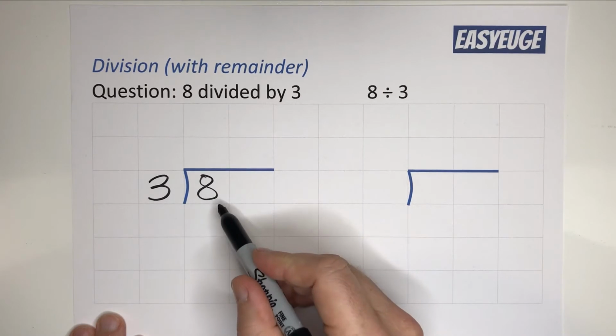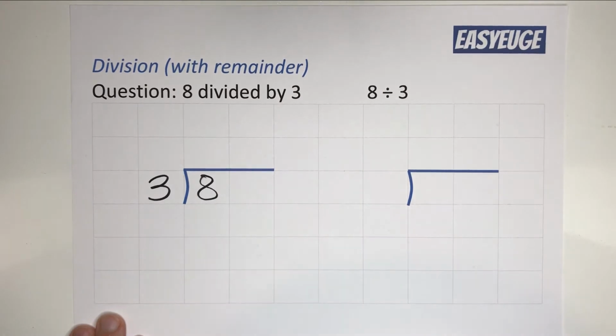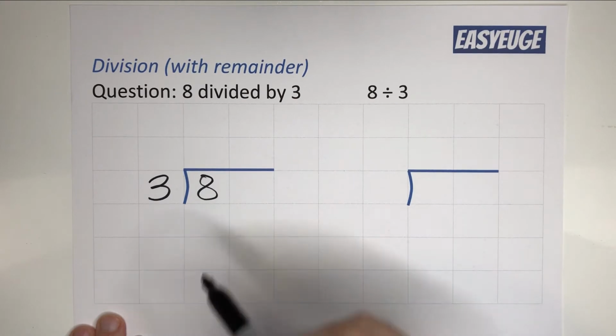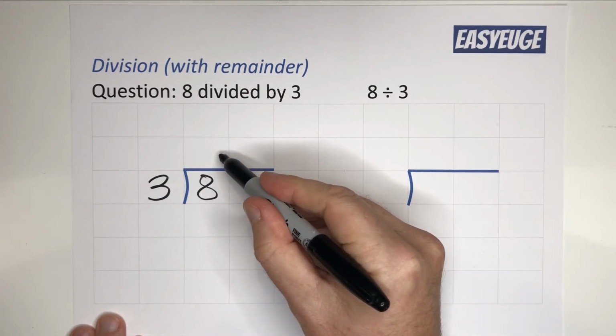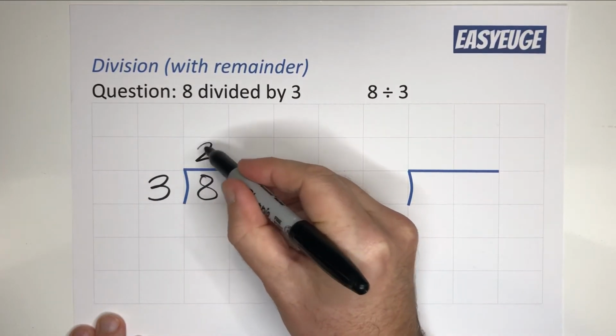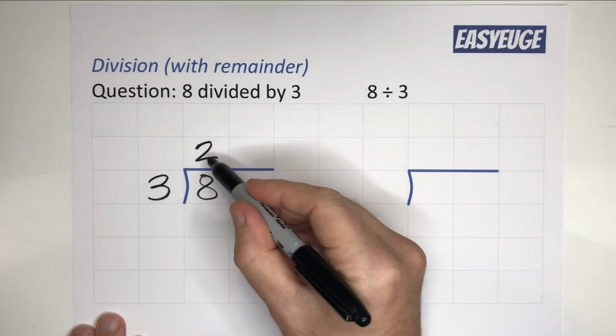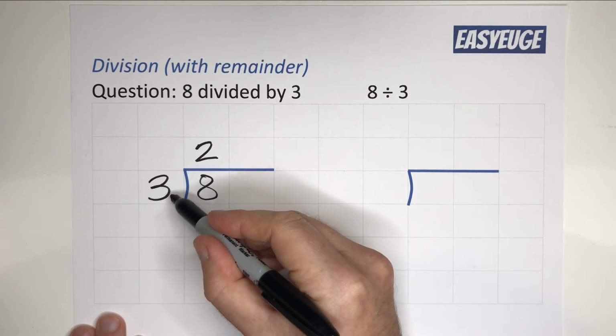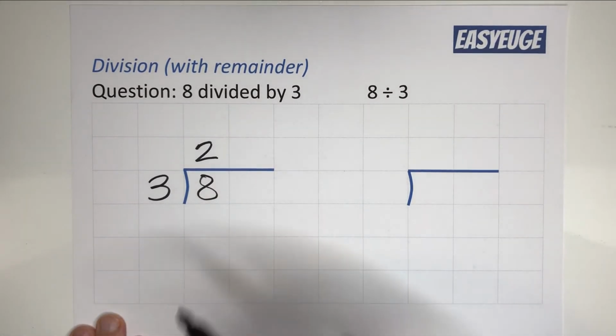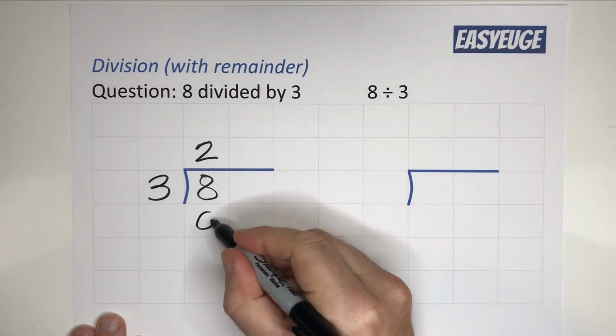3 will go into the number 8 2 times, won't it? These 2 3s are 6. So we'll write the answer on the top, 2. But 2 3s are 6, so let's write 6 down here.